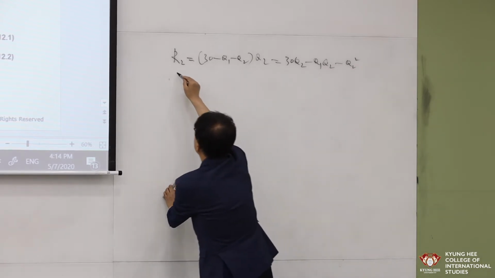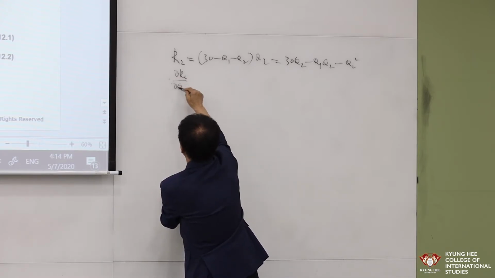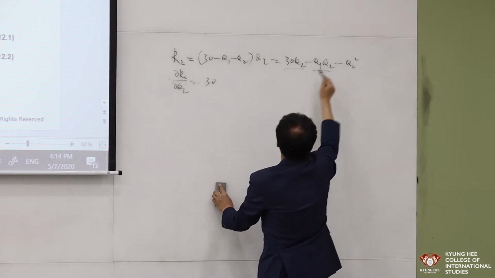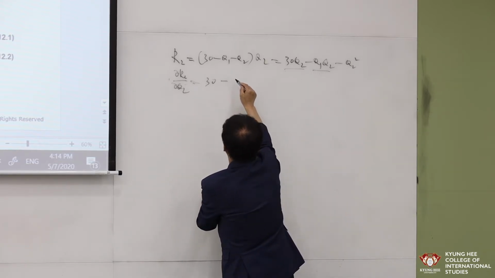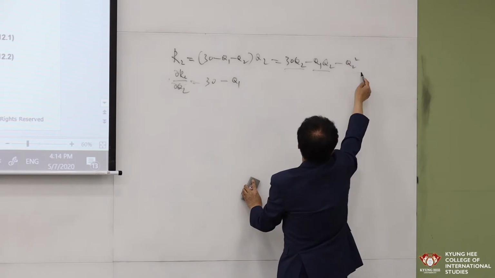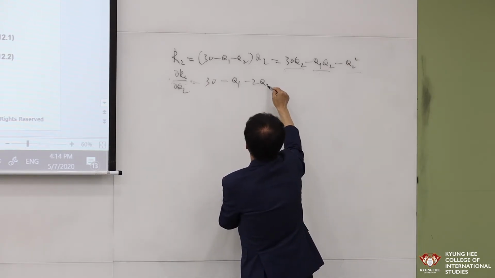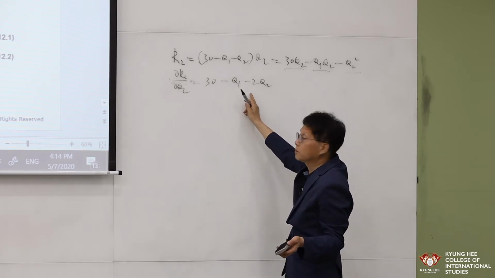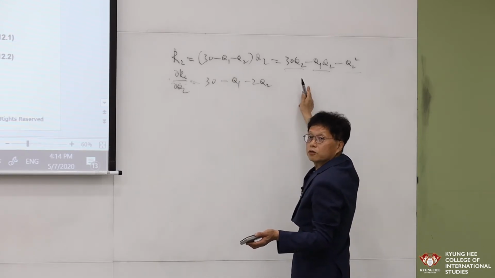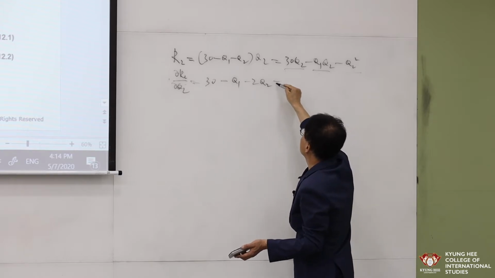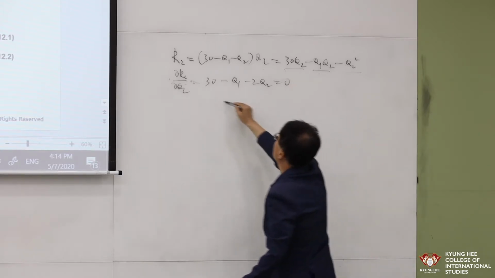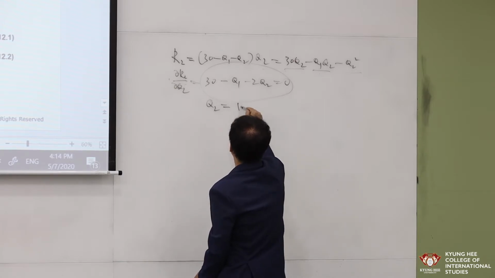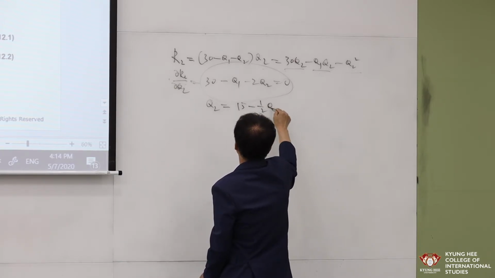So the partial derivative of total revenue with respect to Q2 is 30 minus Q1 minus 2Q2. That is marginal revenue, and it should be equal to marginal cost of firm 2. Right? MC2 is equal to 0. So from here, we know that Q2 is equal to 15 minus half Q1.